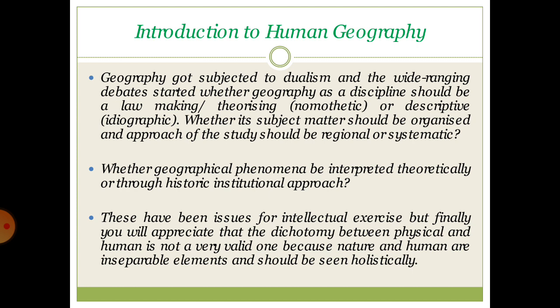Among geographers also there is a vast difference in opinion. Some say geography is only the study of the physical environment; some say no, geography is the study of the interrelationship between the physical environment and human beings. So there is a wide ranging debate among these scholars, and that is why it is said that geography is a subject which got subjected to dualism.